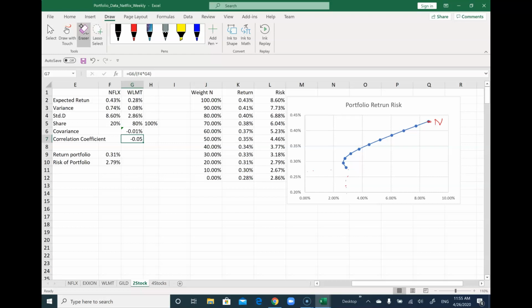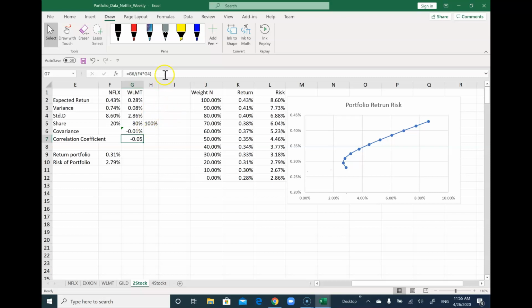But we can see what happens to this risk and return profile when the correlation coefficient is not negative 0.05. For example, what happens when the correlation coefficient between the two is stronger and negative?